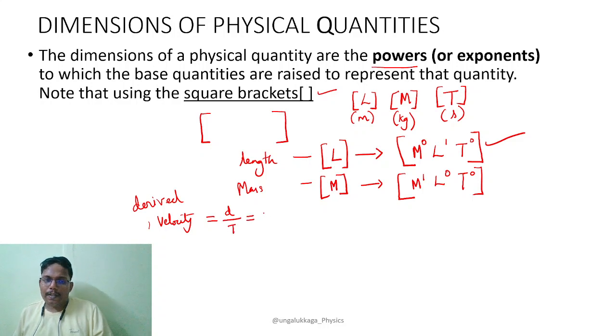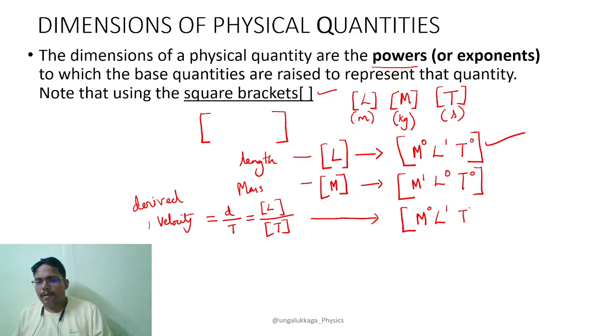Displacement is nothing but length, and time is T. The dimensions of velocity we can write in this format as M power 0, because there is no kilogram there, L power 1 and T power minus 1. This is the way of writing the dimensional quantities for a given physical quantity.